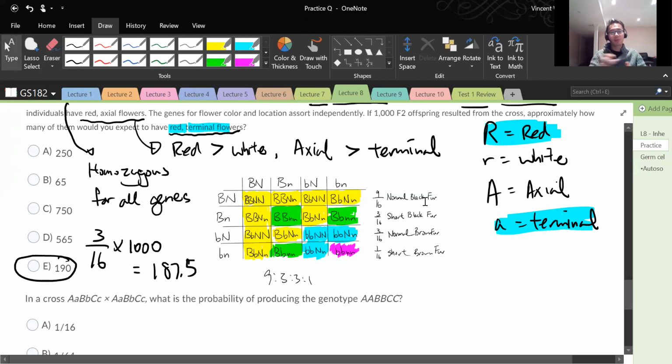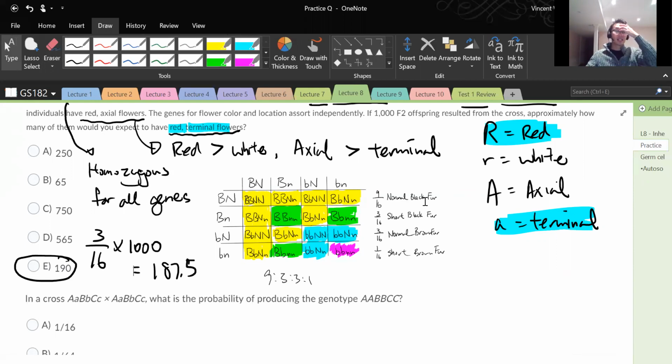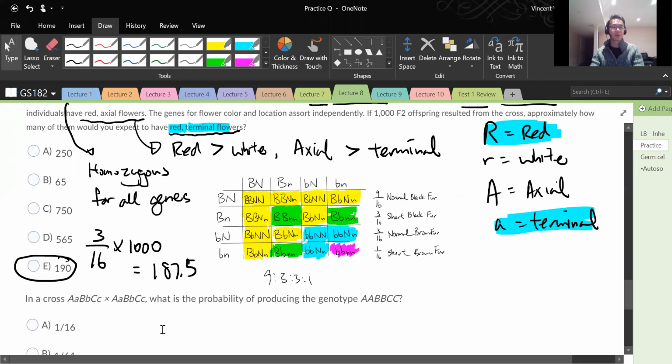When you do 3 over 16, it's approximately 18.75%, so it's just approximate probability. Just like if I flip a coin 100 times, you are not going to get exactly 50 heads and 50 tails. You're going to get somewhere close to that range, but not exactly. So that's why the answer is E, 190.